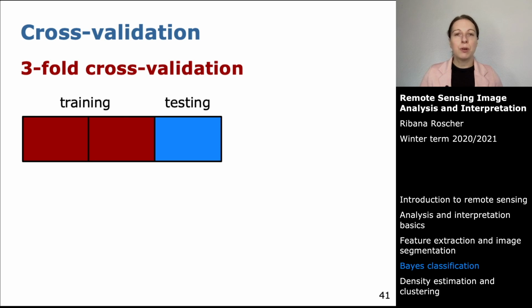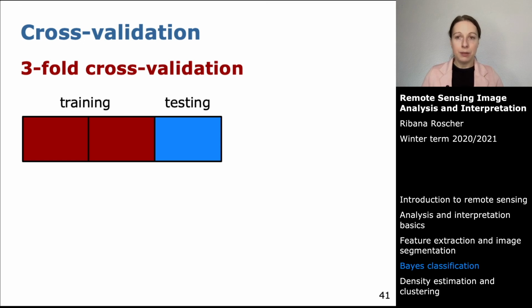Let me show you the principle of a threefold cross-validation. So what you normally have is a training and testing set. Generally you use more data for training than for testing. So let's assume for now you have 3 folds, that means 3 sets. 2 of these sets are used for training and 1 set is used for testing.